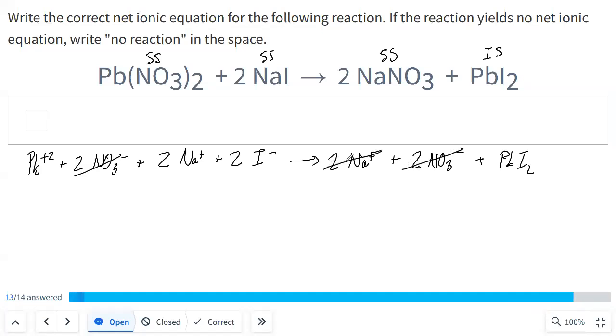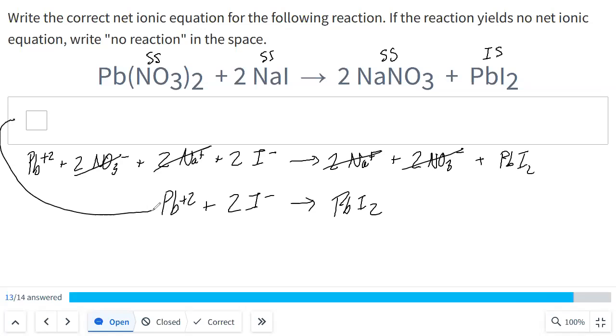We cross out the spectator ions, the sodiums and the nitrates. Those are common on both sides. What's left is lead ion, 2 iodide ions to make the lead 2 iodide. So that would be my net ionic equation. That's what I have to enter here.